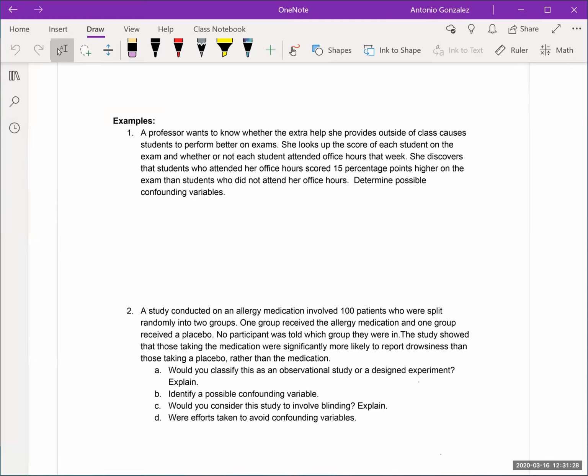There's a blank file on Canvas, and I will post this marked up file after we are done here.